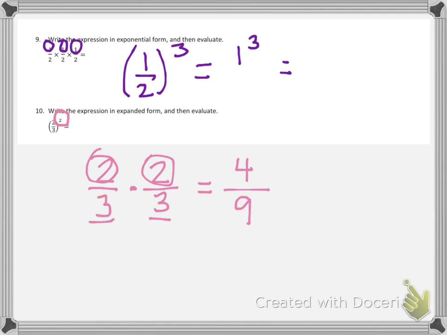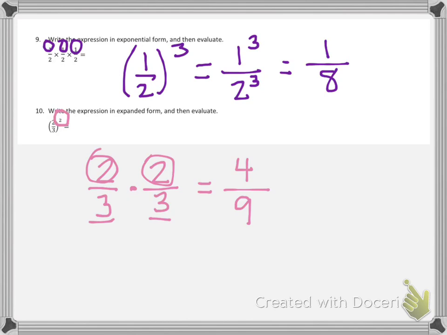So 1 to the third power, 1 multiplied repeatedly, 3 of them. 1 to the third power is 1. So that's my numerator. And then the denominator would also be multiplied 3 times. So 2 times 2 times 2. Well, that's 2 to the third power. So 2 times 2 is 4, times 2 is 8. So this expression, when you evaluate it, is 1/8.